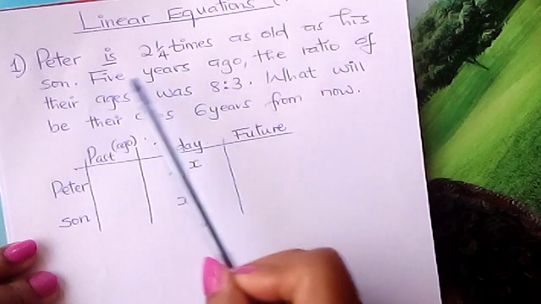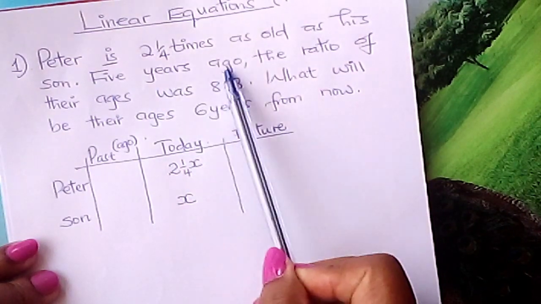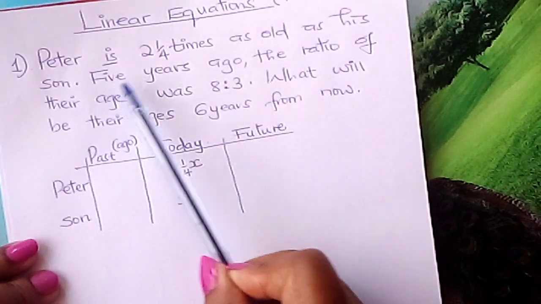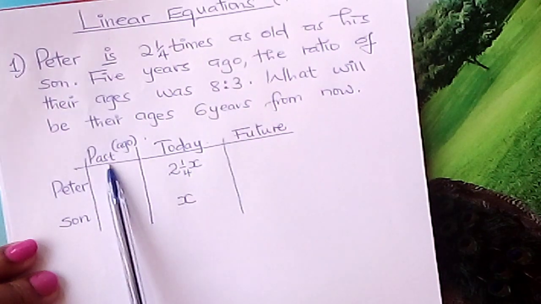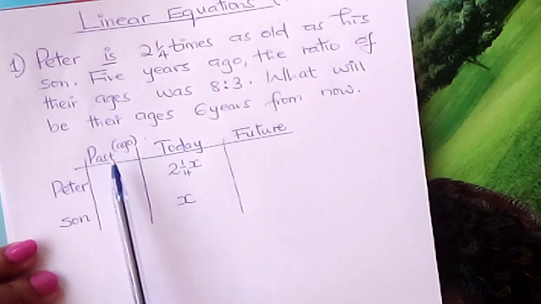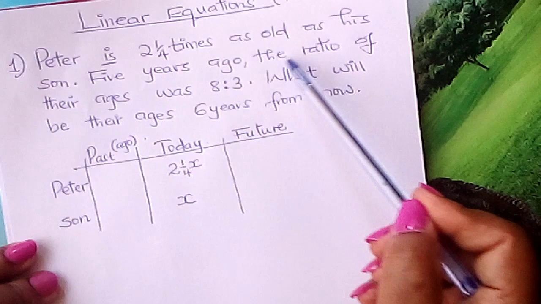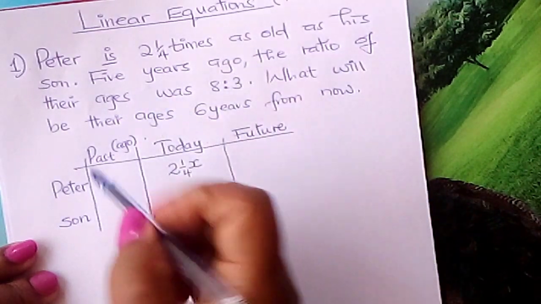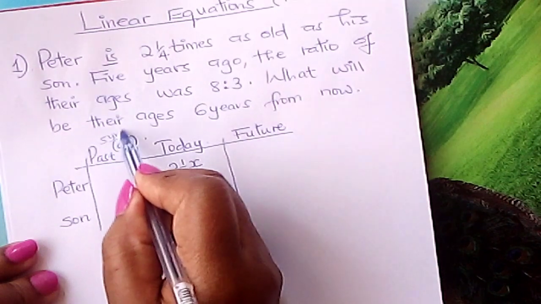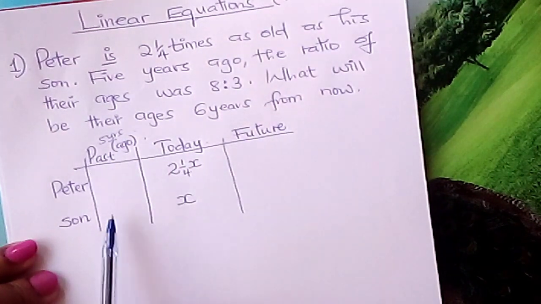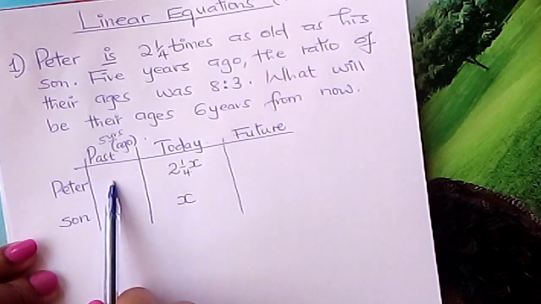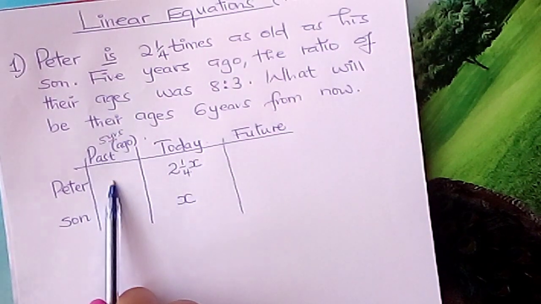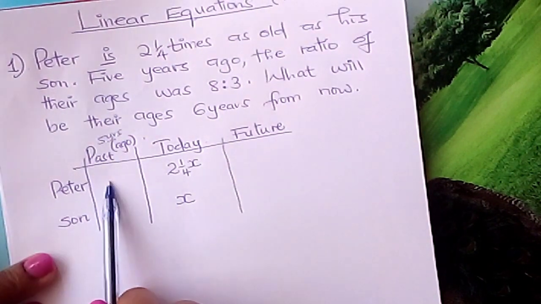We go to the second. 5 years ago, look at this learner, so we go to this column of past or ago. 5 years ago, the ratio of their ages was 8:3. So what was the age of the son, and what was the age of Peter?